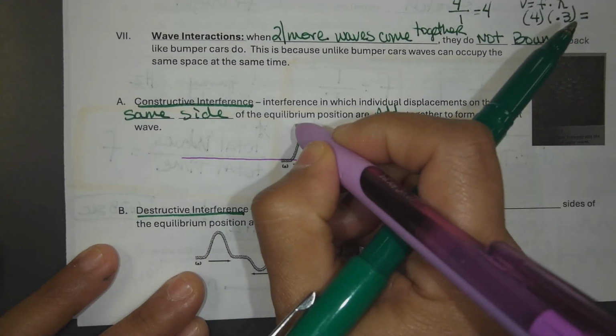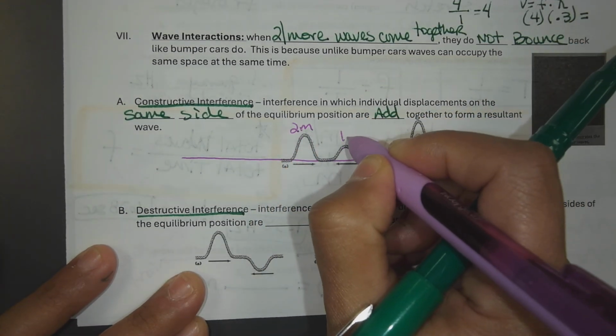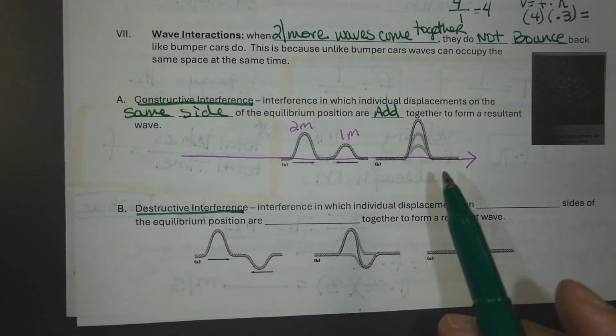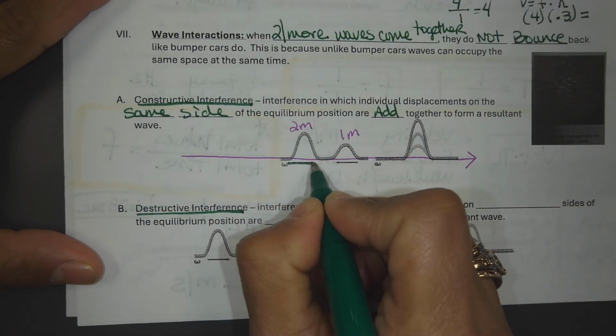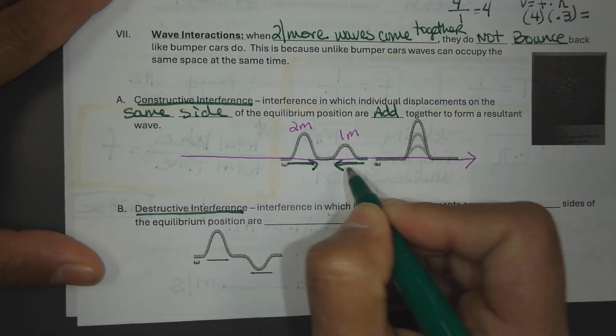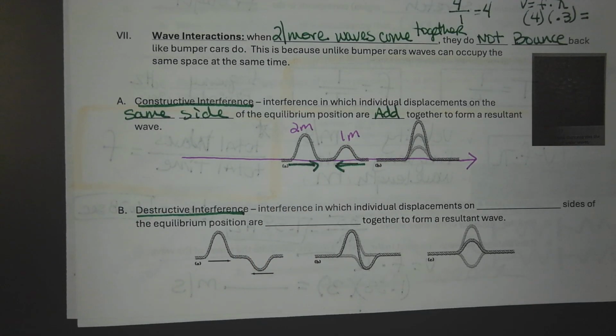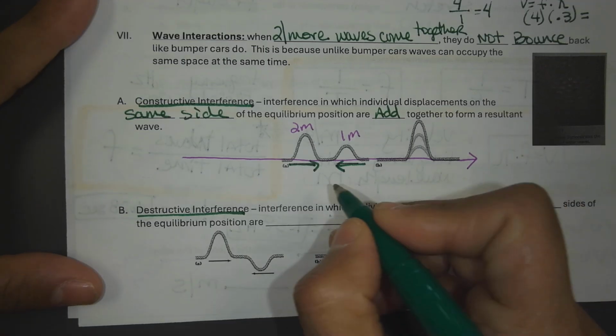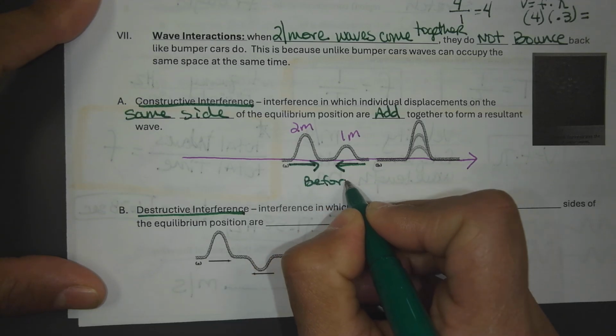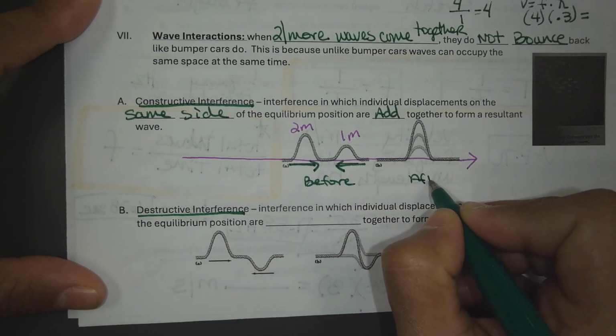So if this wave is 2 meters and this wave is 1 meter, and they are about to slam into each other, they're not going to bounce off of each other. This was before, and this is after.